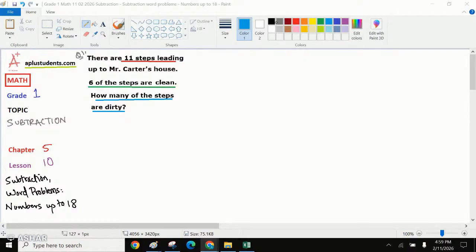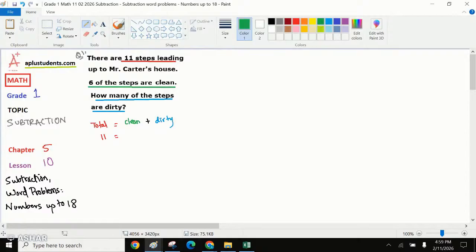We can also say that if the total steps were 11, then 11 should be equal to clean plus the dirty, right?